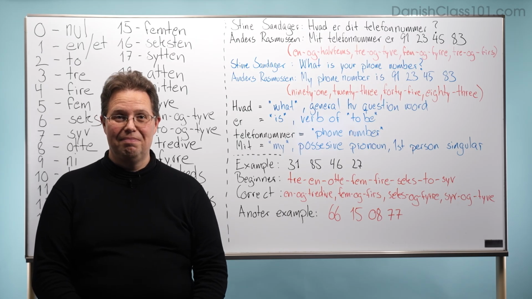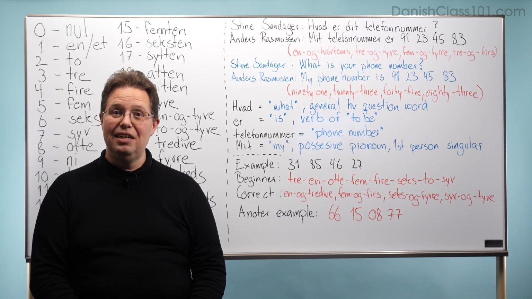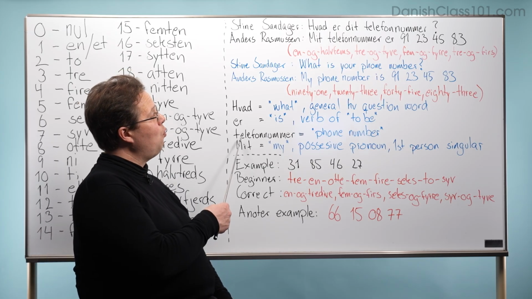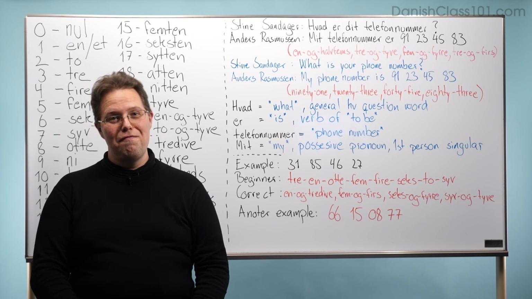Next is er, is. This is the standard to be verb in Danish. And then we have telefonnummer, phone number.